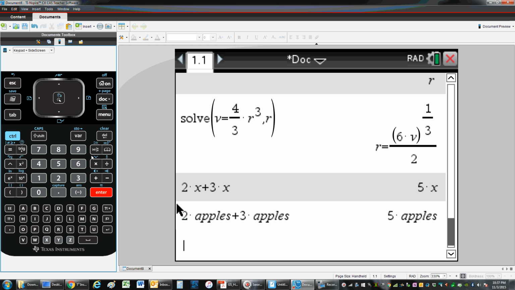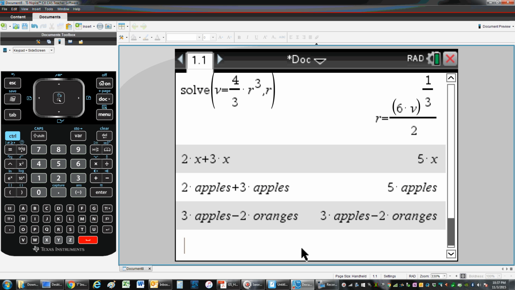So AB is not the same as A times B. It'll recognize it as a whole name for an unknown. You can't add different like terms, you can't combine apples and oranges.